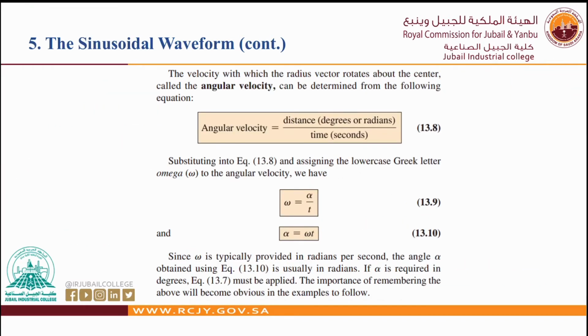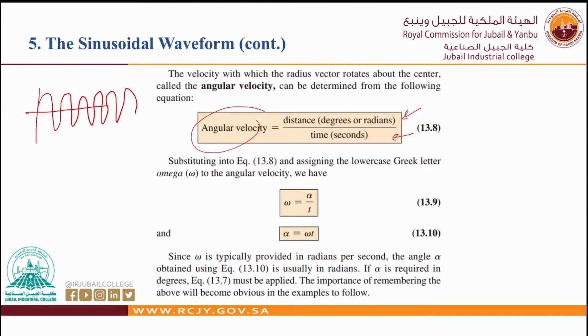The velocity with which the radius vector rotates about the center, called the angular velocity, can be determined from the following equation. The angular frequency is the distance, radian or degree, over the time. The angular velocity is basically how fast the oscillation is.